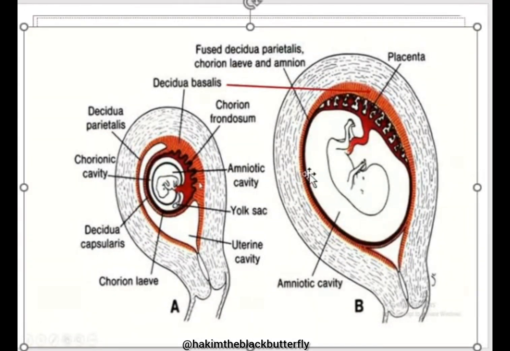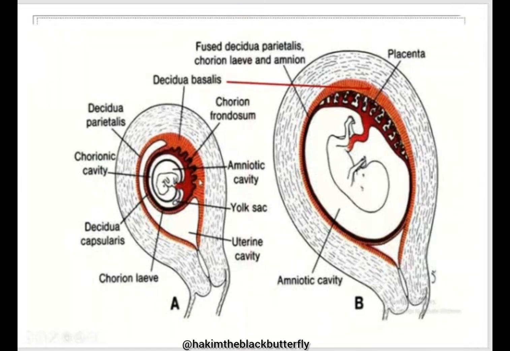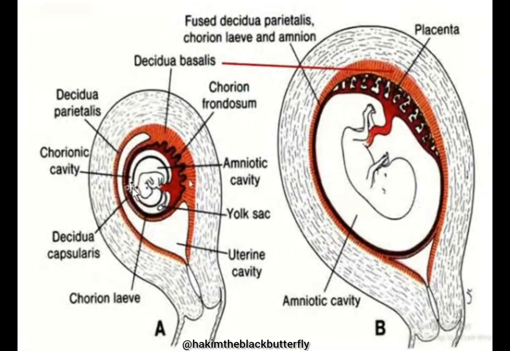What we are seeing here is simple. Increased growth of the embryo is going to cause the amniotic membrane to fuse with the chorionic membrane, hence closing or obliterating the chorionic cavity or gestational sac. So it moves out of view.